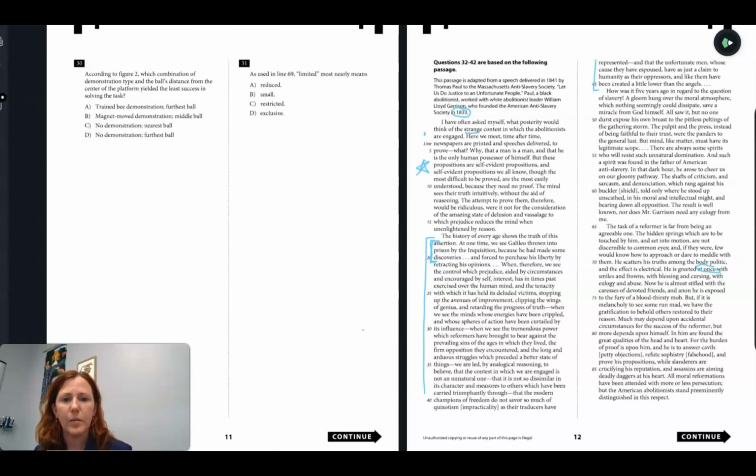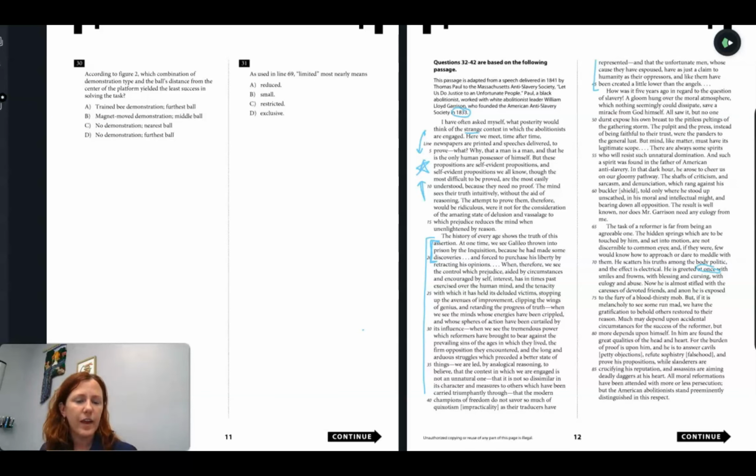Okay, so this is what the abolitionists are doing, and it feels strange because we should just know this. The attempt to prove them, therefore, would be ridiculous were it not for the consideration of the amazing state of delusion and vassalage to which prejudice reduces the mind when unenlightened by reason. Okay, so it should be self-evident, but people are disillusioned.